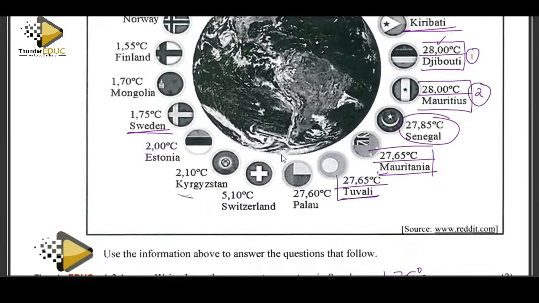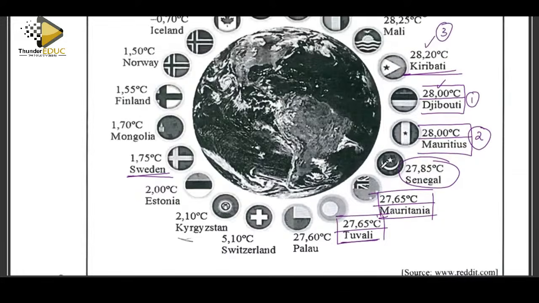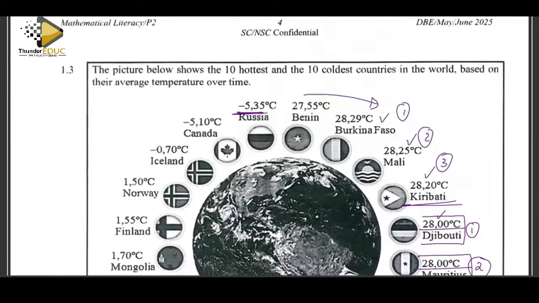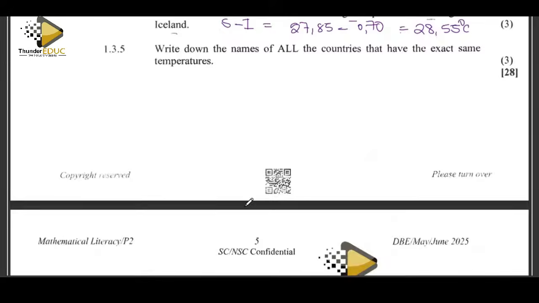They have the exact temperature. So you have to write that down. We don't have any other. Let me see. 1.50. This was 2.10. Okay, then we continue.